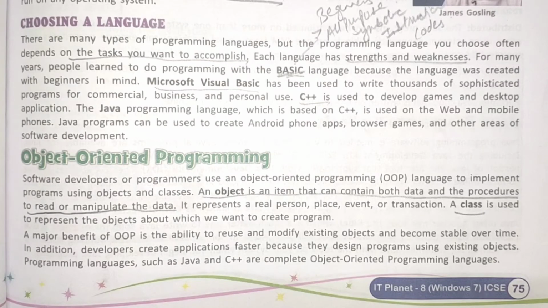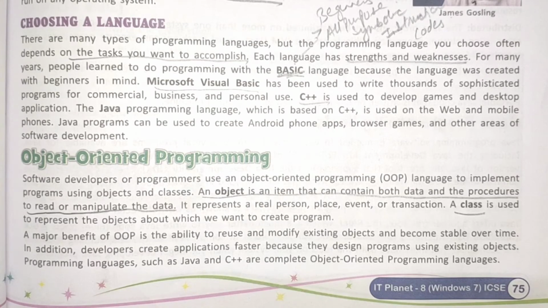In that case, apple is an object, orange is an object, banana is an object, and grapes is an object. And now here, what will be a class? Fruit is a class. The reason is that apple, orange, banana, grapes, mango, these all belong to the same category, that is called a class.